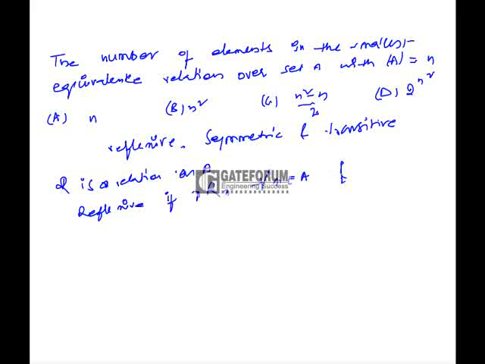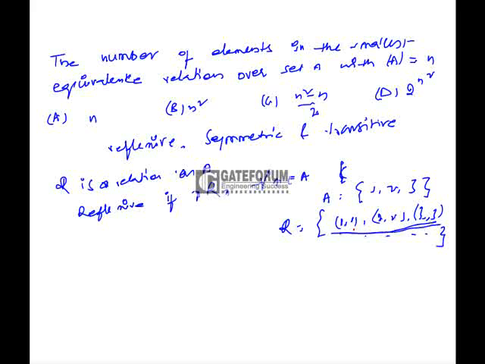Let us suppose A contains elements 1, 2, 3. Then reflexive relation R should contain (1,1), (2,2) and (3,3), and the remaining are optional. So minimum it should contain n elements. These are the diagonal elements.